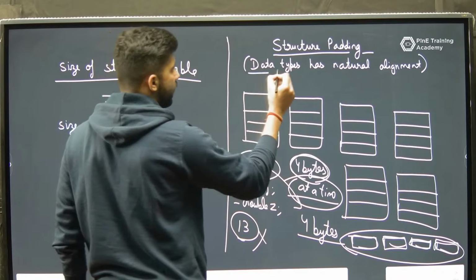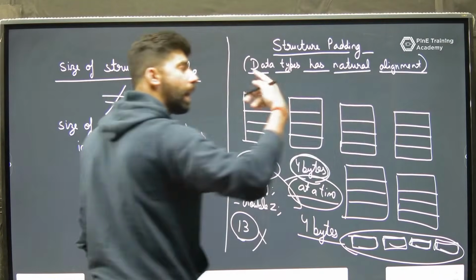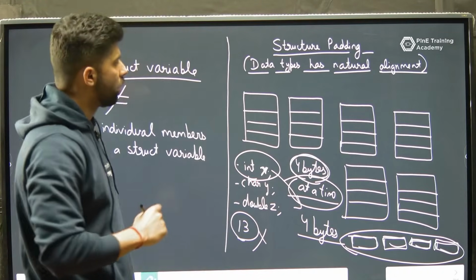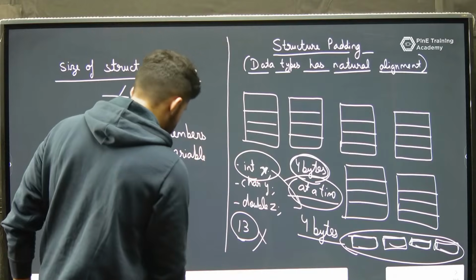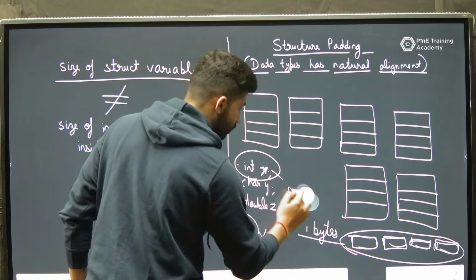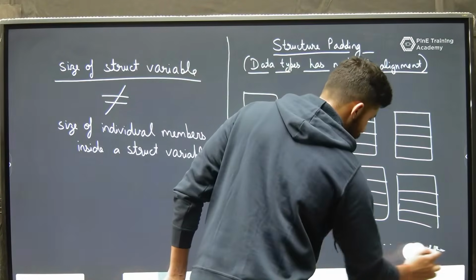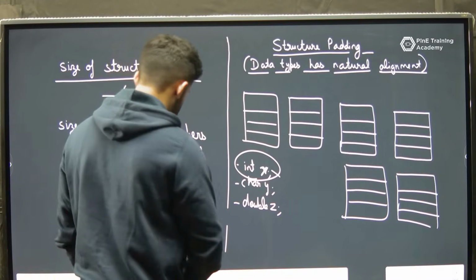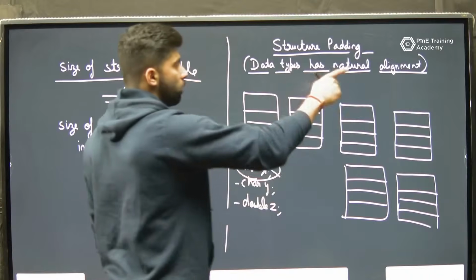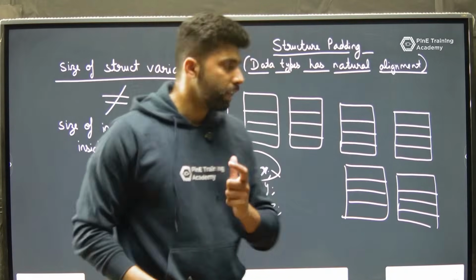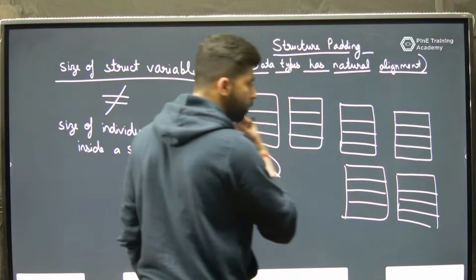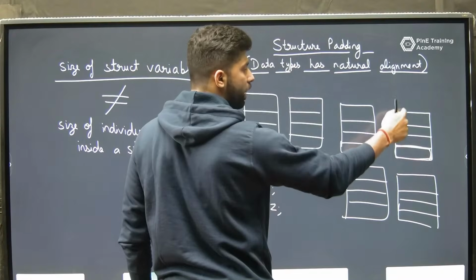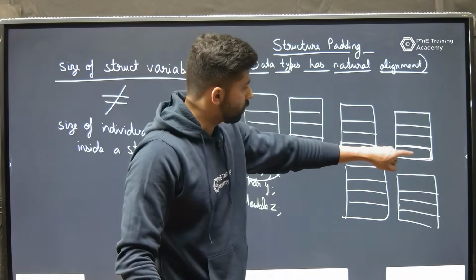So read this line: data types has natural alignment. What does this line mean? Let me just erase the extra text. Suppose we have memory addresses and consider that each block is 1 byte.